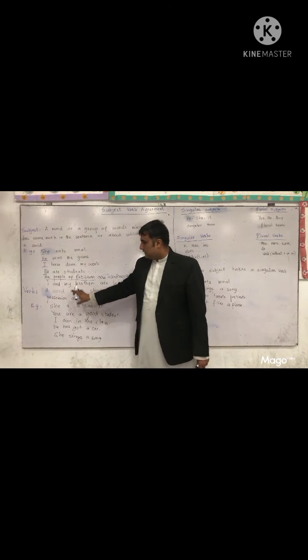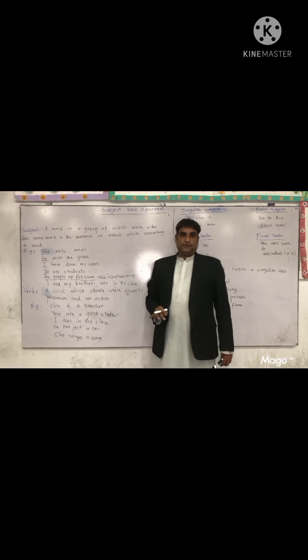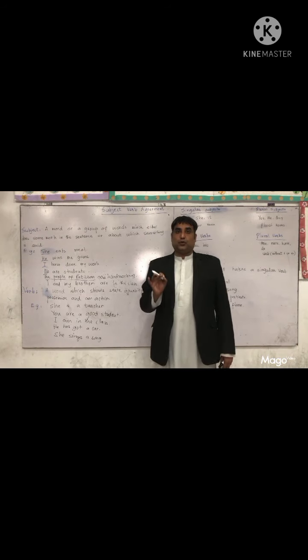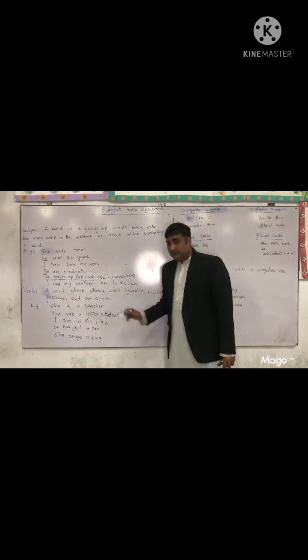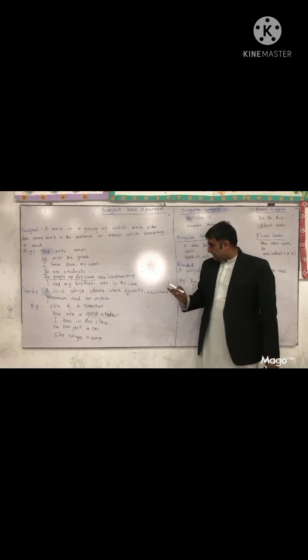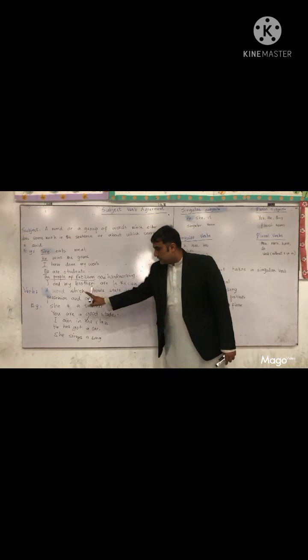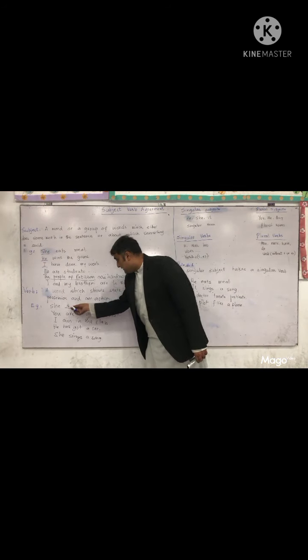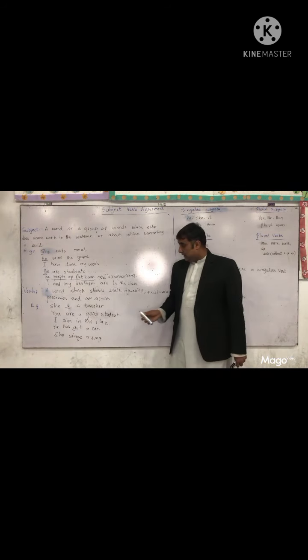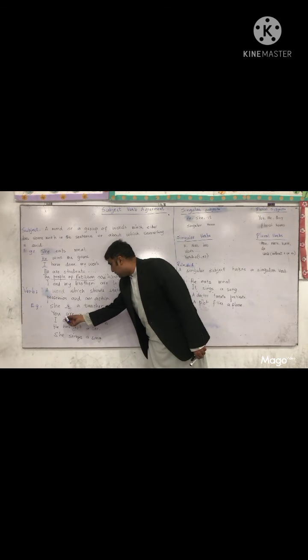Now the second thing that we will discuss is verb. Verb is a word which shows us 5 things: state, quality, existence, possession and action. She is a teacher. Is here shows state. You are a good student.